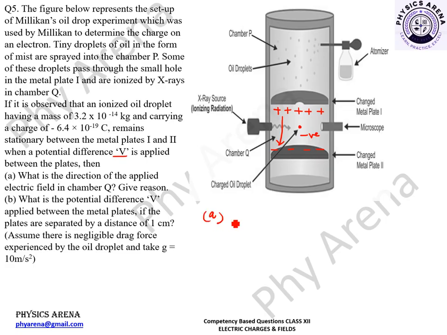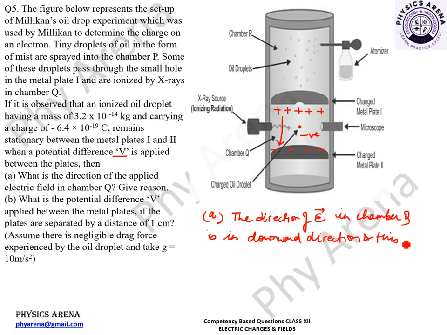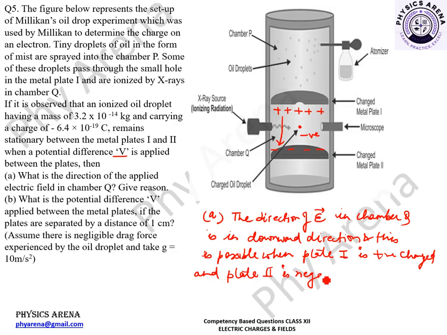So for part A, we need to write that the direction of electric field in chamber Q is in the downward direction. And this is possible when plate first is positively charged and plate second is negatively charged.